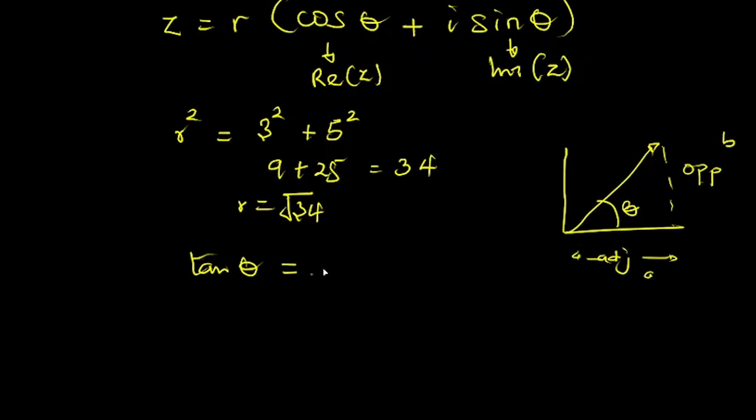It's the OX axis. So B over A, which is going to be 5 over 3. Then your theta is equal to the tan inverse of 5 over 3, and you get your answer. I don't have my calculator with me, so I would have simplified this. Once you simplify this, you just write it in this form, and you're good to go.